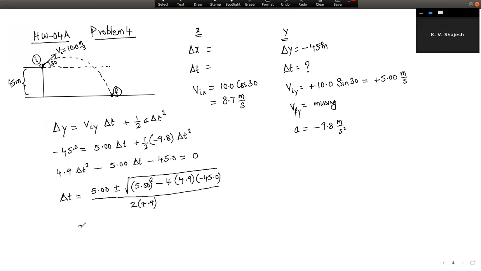Let me calculate the square root separately. It's a positive quantity because the second term actually has two negative signs in there. So it is 45 times 4.9 times 4, that's 882, plus 25.